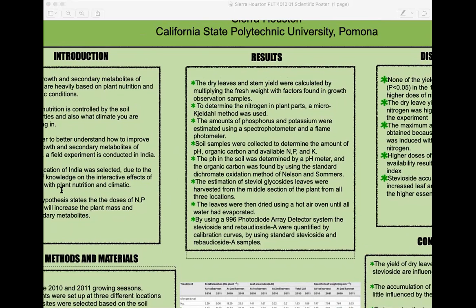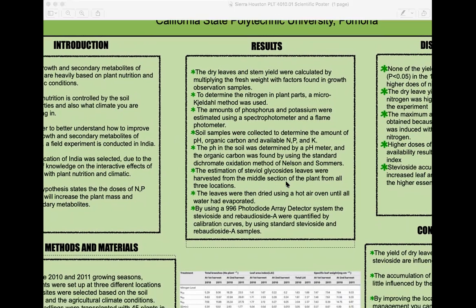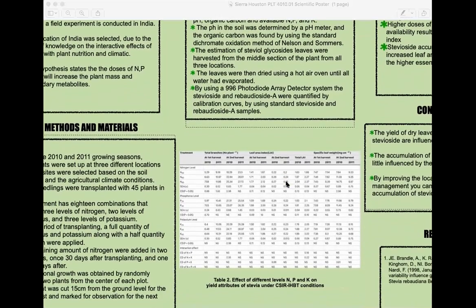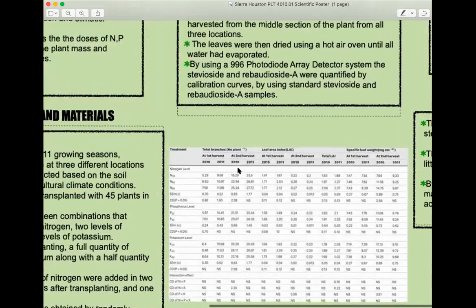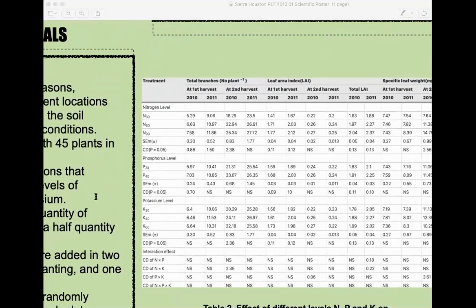After the removal of the plants from the field, leaves were separated from the stem, and the total number of branches, both primary and secondary, were counted per plant. So the total number of branches is what that is including. The total area of fresh leaves under respective treatments was then measured using a leaf area meter.